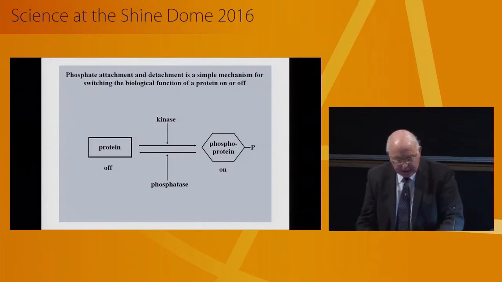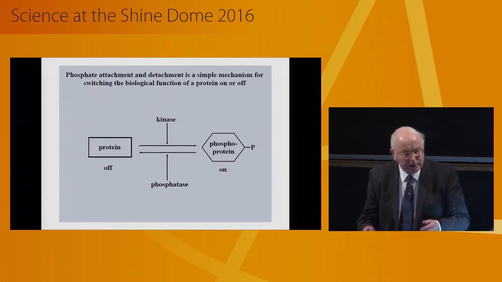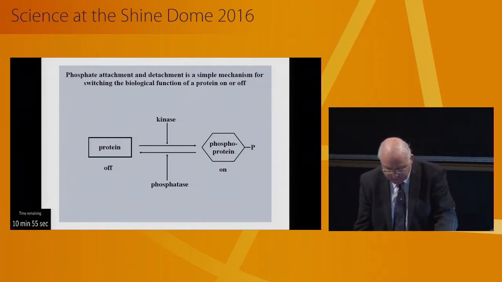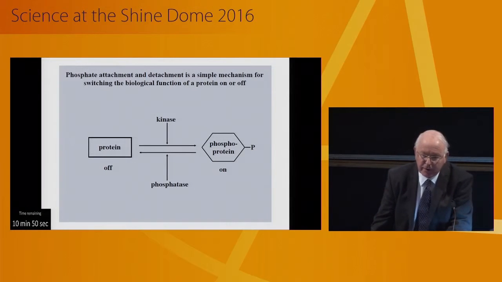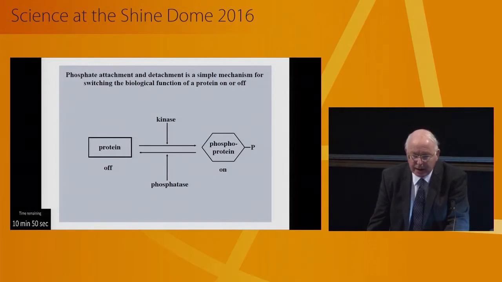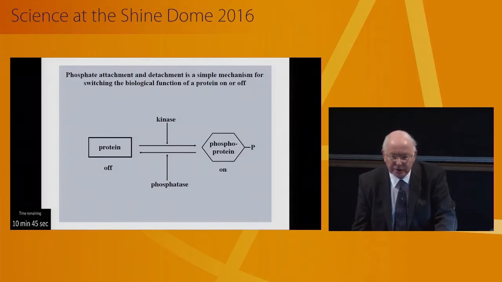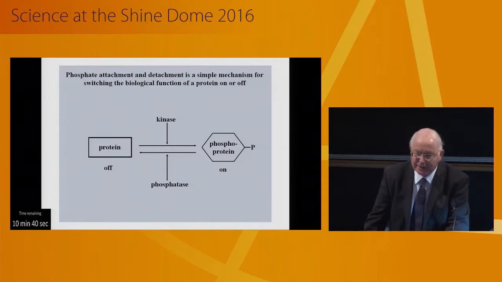So the attachment or removal of phosphate changes the shape of the protein and its ability to function in a great variety of ways. At the time I got into this, it was thought to be a very specialized control mechanism confined to the regulation of carbohydrate metabolism.